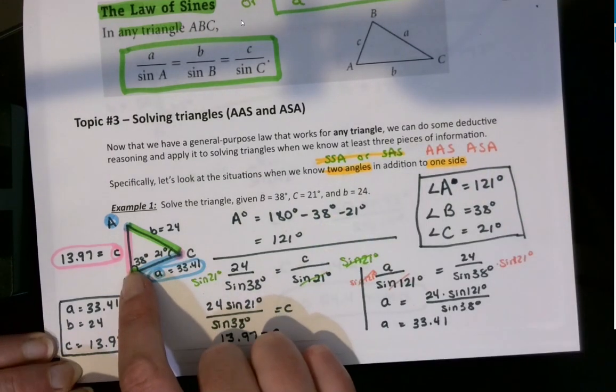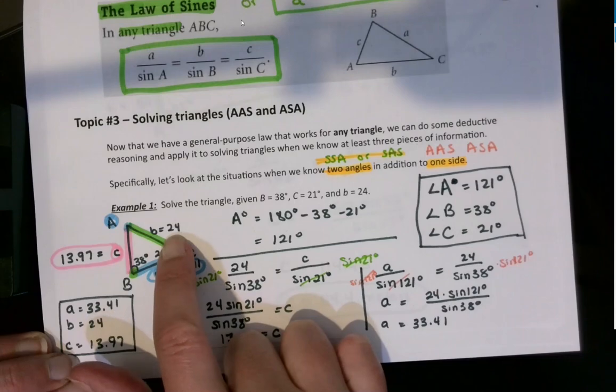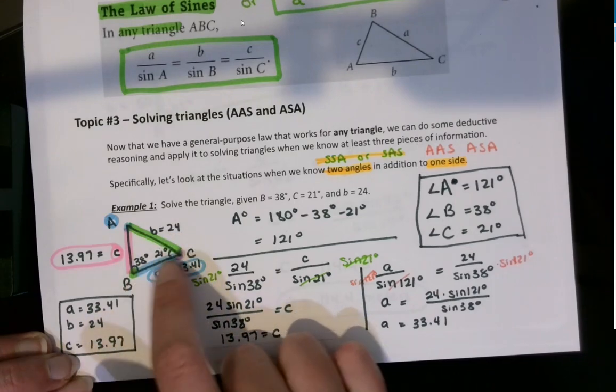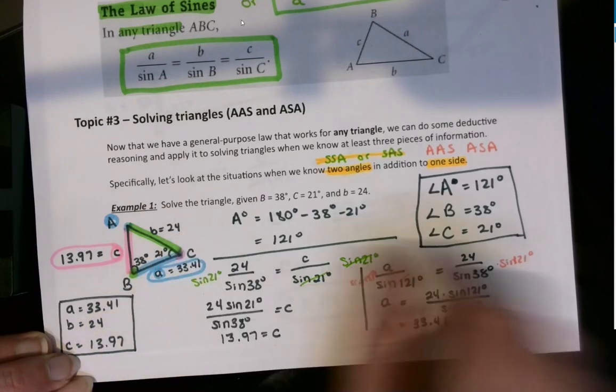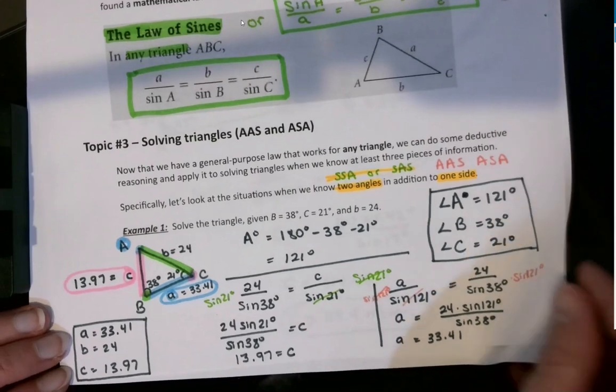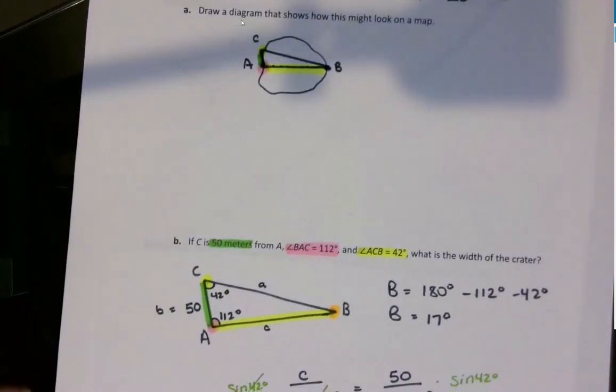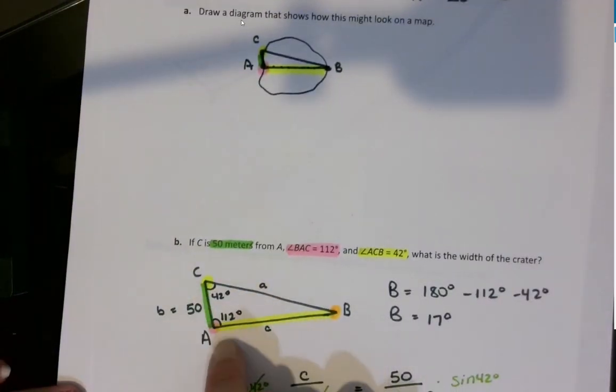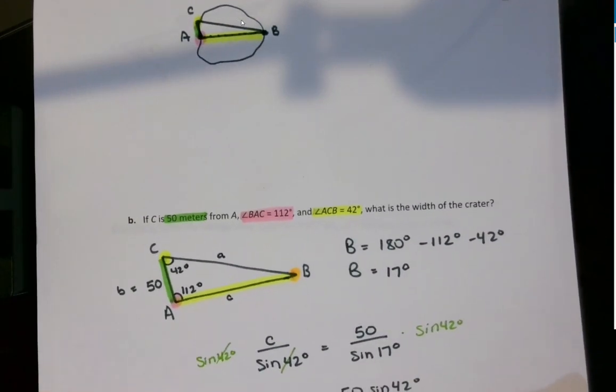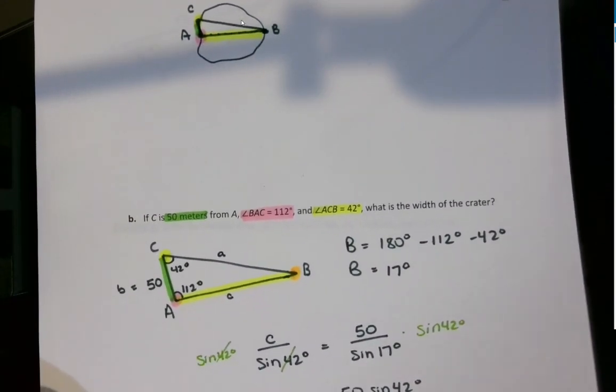This one that I was given was the angle, angle, side case, where the two angles were next to each other and the side followed it. This type over here was the angle, side, angle case. So we did see one example of each of those cases where two angles and one side was known.